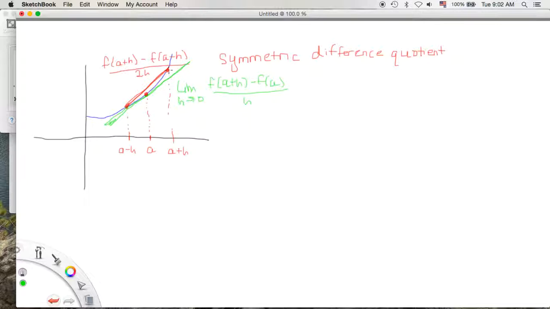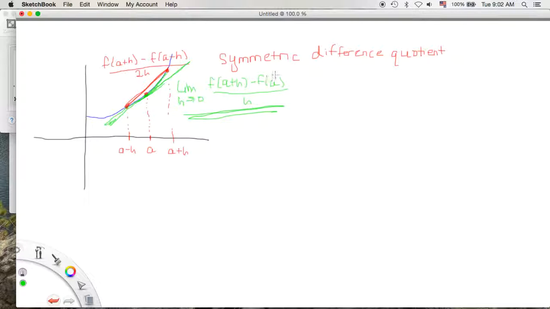So it takes this line here and moves the h closer and closer to 0, so that we get this tangent line. And we know that this is the derivative. That's how we calculate it.